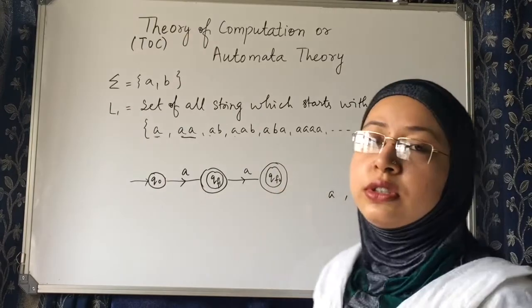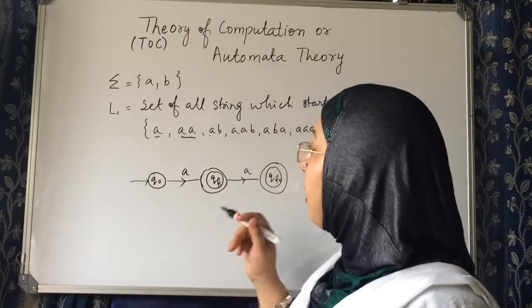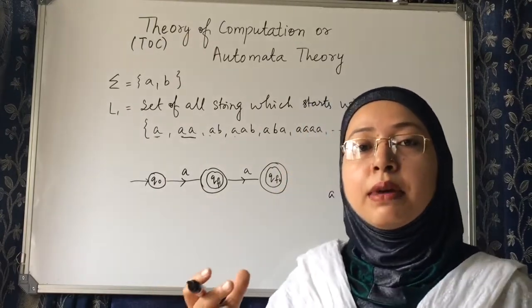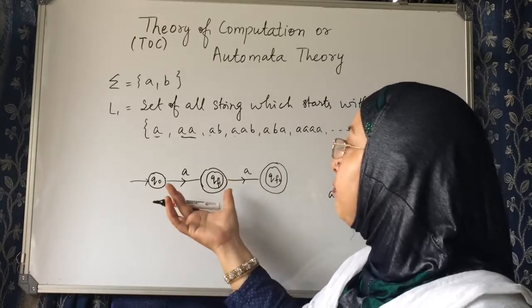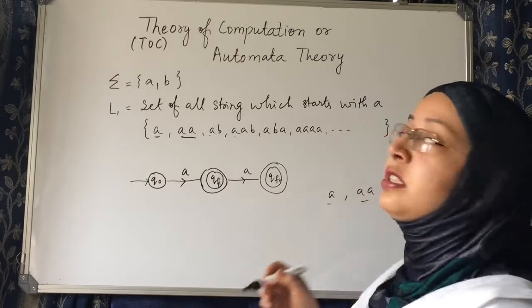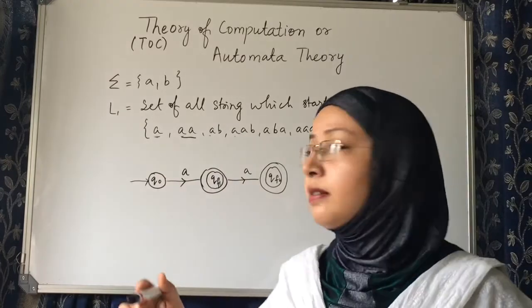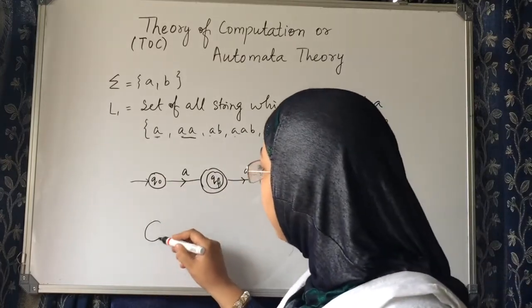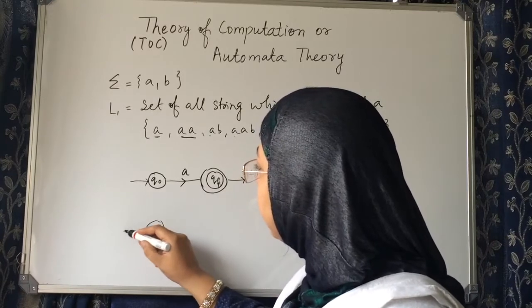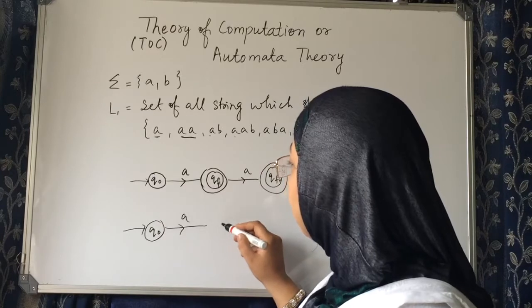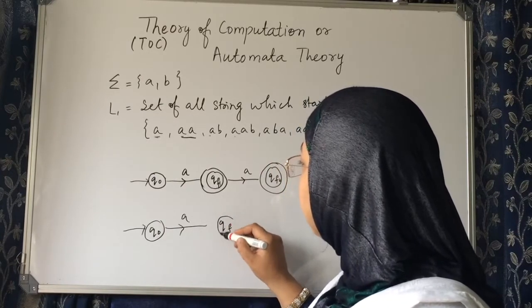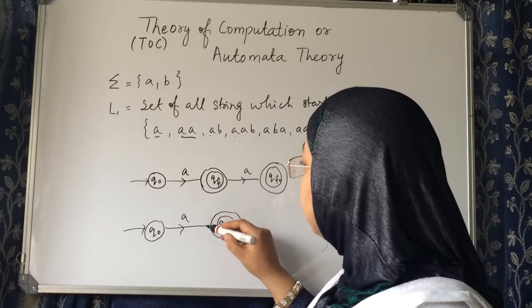But we can minimize our states, and show that both these strings can be accepted. How? I can write Q0 as initial, and on this A, QF is the final state.